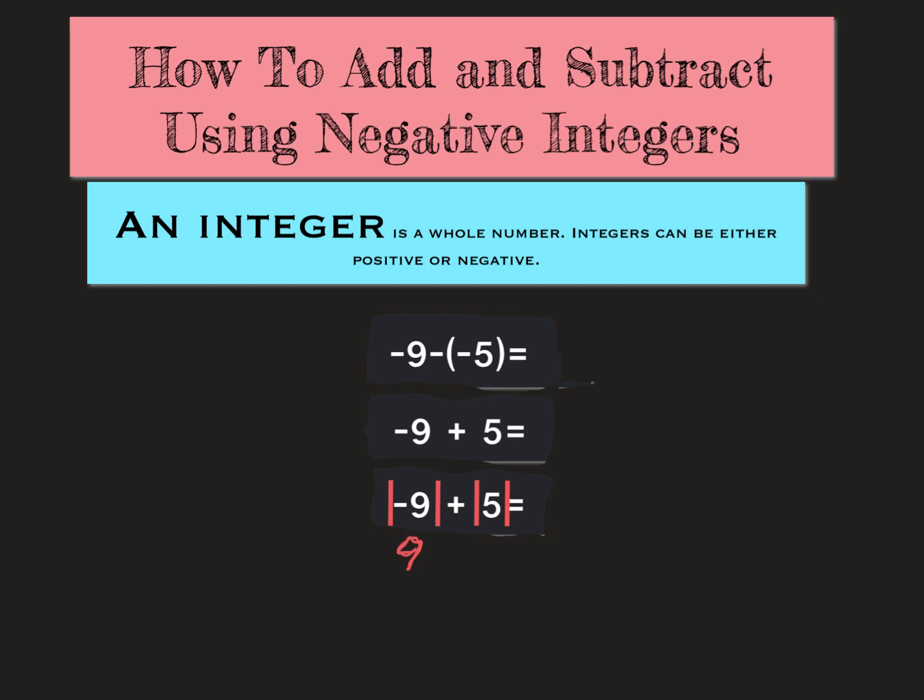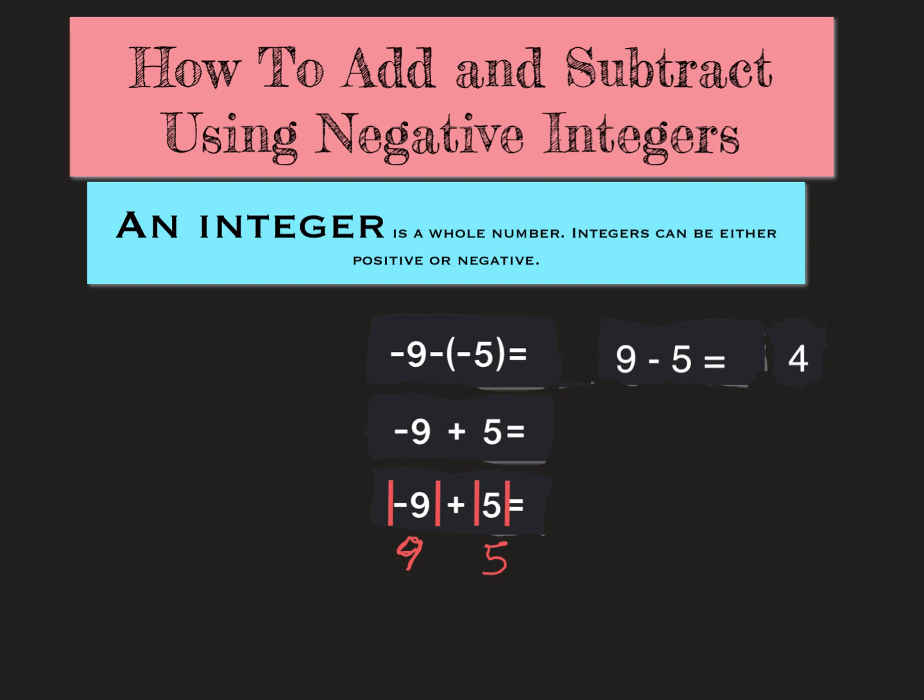And the absolute value of positive 5 is 5. Then we subtract the smaller number from the larger number. So that would be 9 minus 5. And we know that 9 minus 5 equals 4.